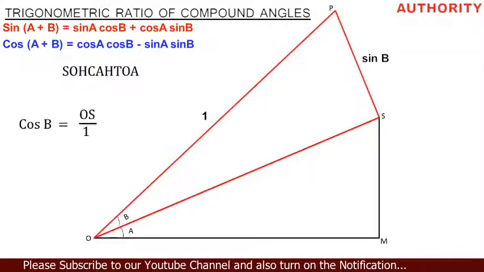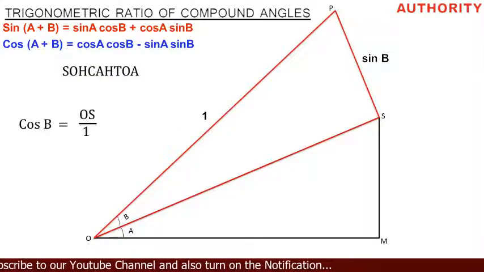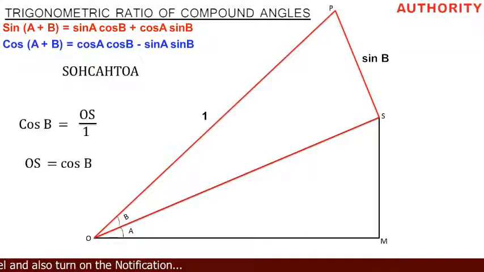Our adjacent is OS, and our hypotenuse is 1. We are looking for OS, so we make OS the subject. We're going to have cos B. So we say that our line OS is cos B. Now let's write it, cos B. Okay, good.